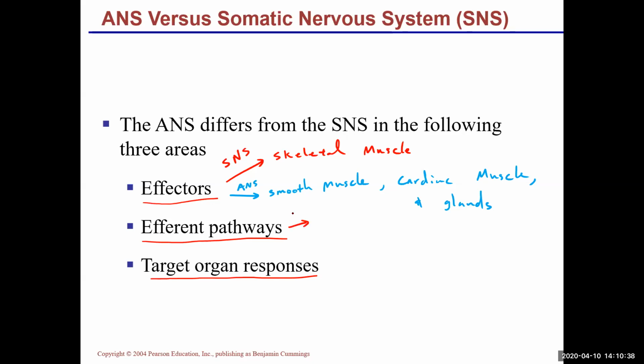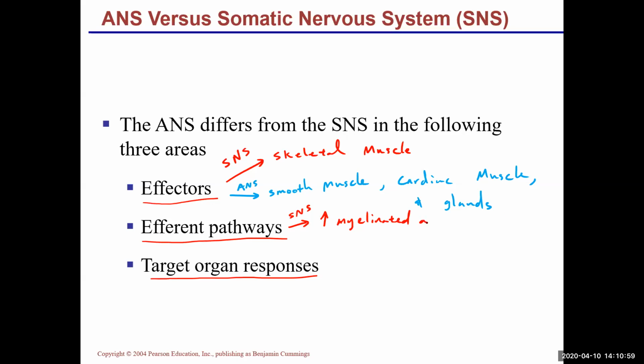The motor neurons in the SNS, somatic nervous system, have heavily myelinated axons, right? What is a myelinated axon?